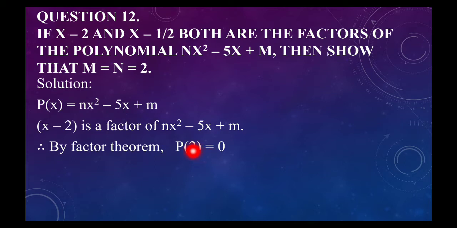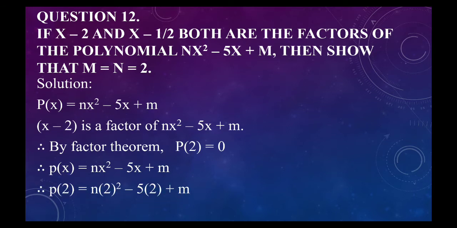Why? x minus 2 will become plus 2, so we will put x value as 2. So p of 2 is equal to 0. Why 0, children? Because it is a factor. If it is a factor, the remainder will be 0. So we will substitute the value, okay, x is equal to 2.